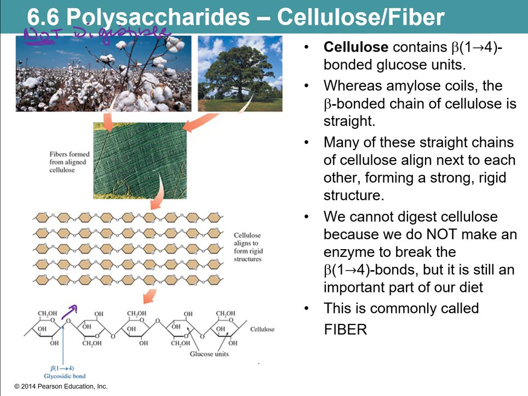So that one picture, that green picture, is like an electron microscope picture of cellulose, which is like cotton or bark from a tree. And so you can actually see these strands in it. Those strands are that tight packing of the chains of glucose, and that helps to create this super strong structure.